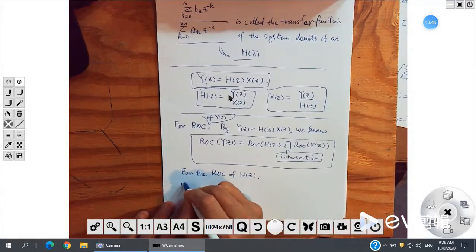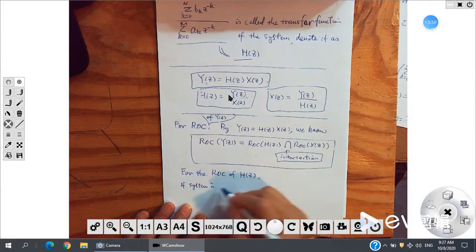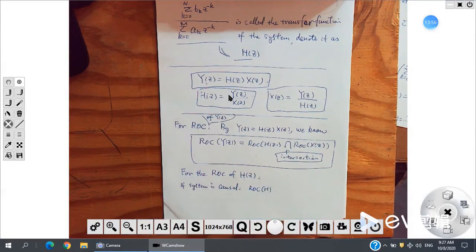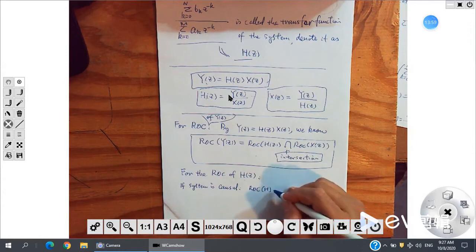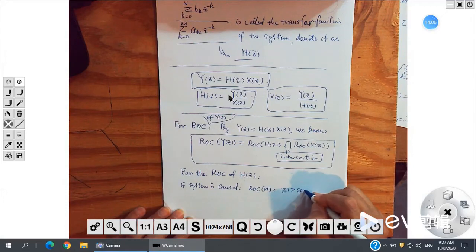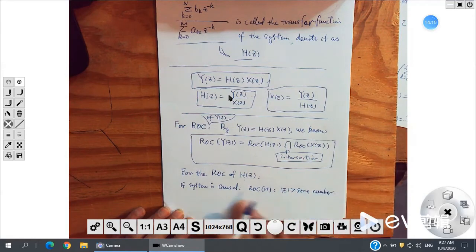If the system is causal, the ROC of H will contain z larger than some number. If it is causal, the ROC must be z larger than some number. The number can be different, depending on the system, but it must be larger than some number.